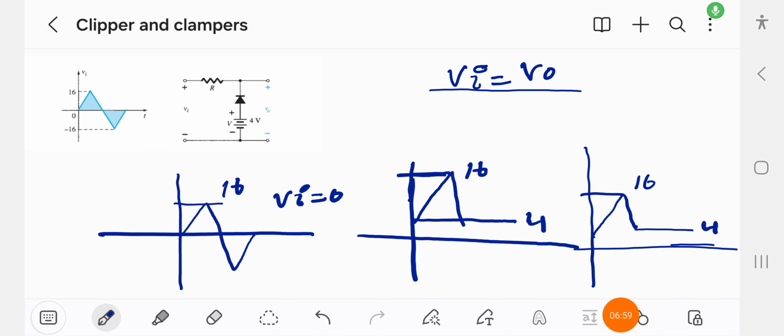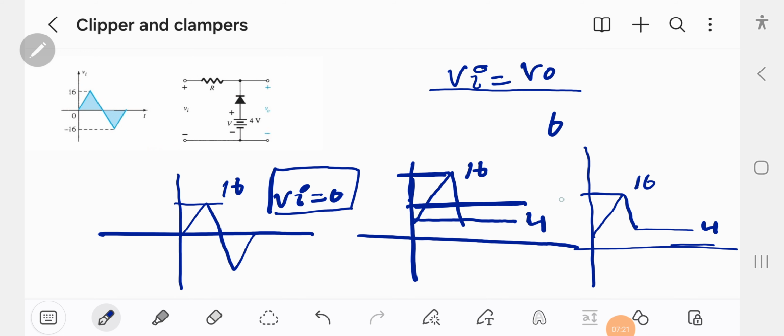As we see in the simulation, if we increase the value from 4 volt to 6 volt, the constant value when the input voltage is at zero increases to 6 volt.